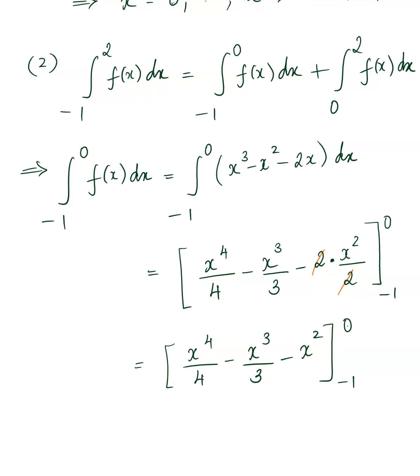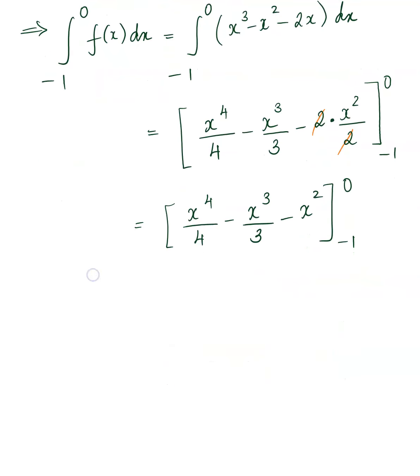Okay, because we did them all together, you can evaluate all of them at 0 first and subtract and evaluate at negative 1. Okay, so this is when it's 0. So 0 to the power 4 over 4 minus 0 to the power 3 over 3 minus 0 squared. F of b minus f of a, remember that?